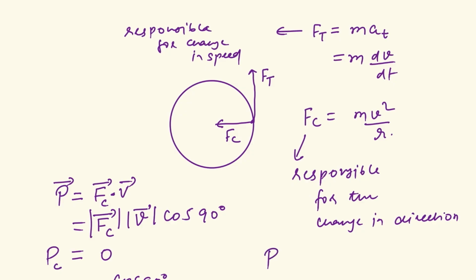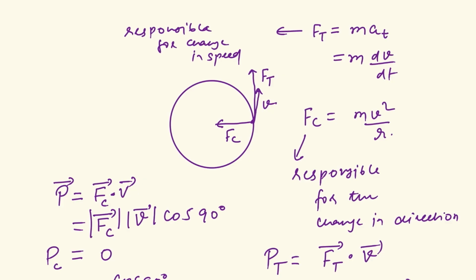So the power delivered by the tangential force is given by the force multiplied with the velocity, Ft v cos theta, with the magnitudes of the tangential force and the velocity. What is the angle between them? That is 0 degrees, because the velocity and the tangential force are in the same direction.